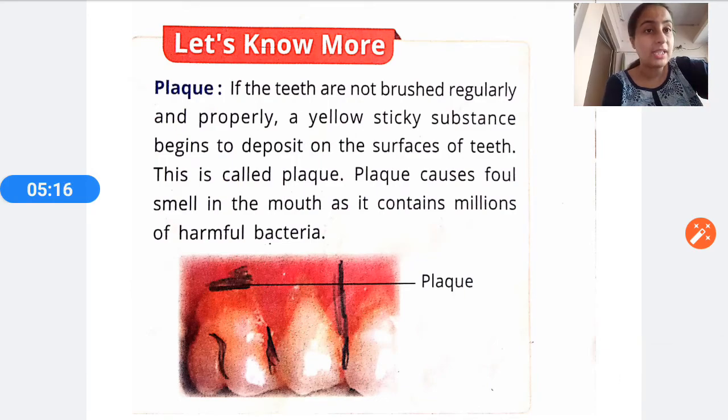Plaque causes a foul smell in the mouth as it contains millions of harmful bacteria. To take a preventive measure, we should brush regularly and properly, and always follow the tips that I have explained to you.